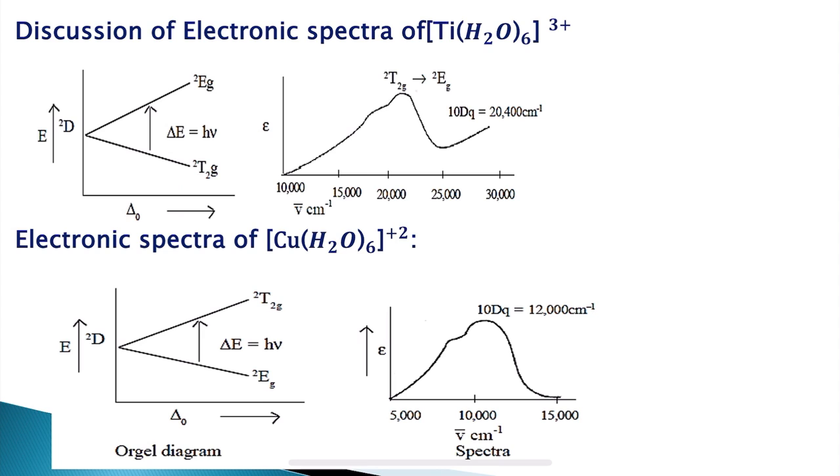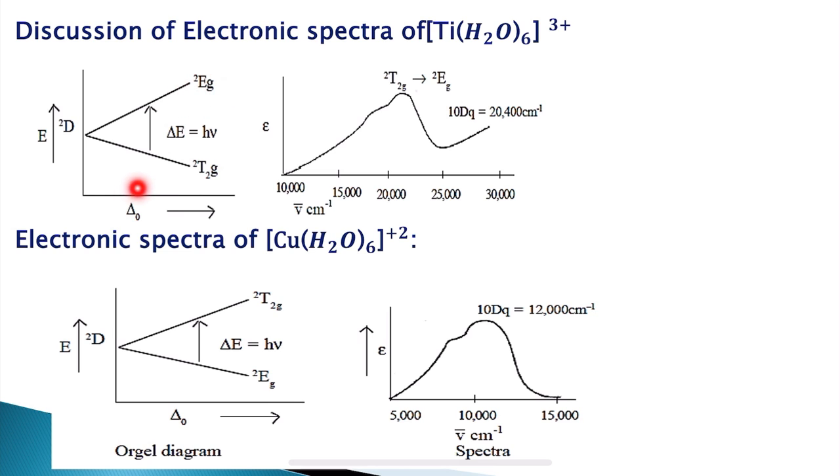On excitation, when it absorbs radiation, when it absorbs light energy, it excites and will move into the Eg orbital. Okay. So, this is the Eg orbital.